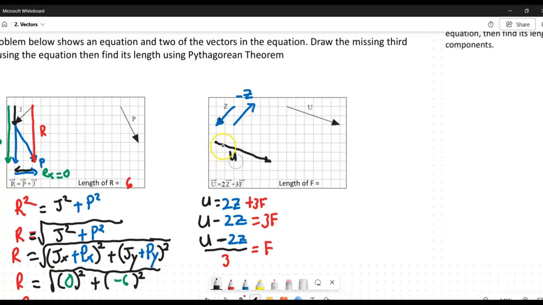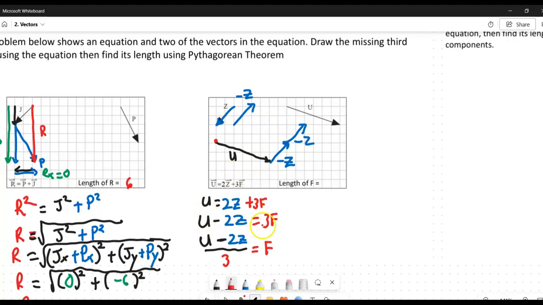Sure, why not? Okay. Now -z is pointed up and to the right 2, and then up and to the right 2 more. It's -z.